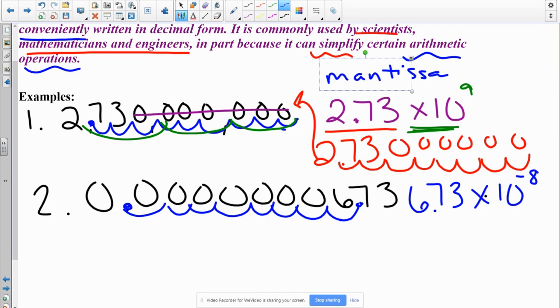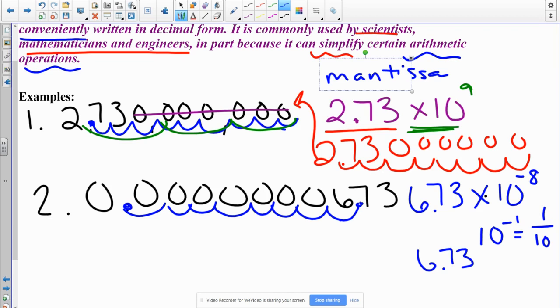And remembering from last power standard, that when we take something times 10 to the negative first, that is really like 1/10. And so if we were working this backwards, and we had the 6.73, and I multiplied it times 10 to the negative 8, so times 10 to the negative first 8 times, I'm going to multiply it by 1/10. Well, that's kind of like dividing by 10.